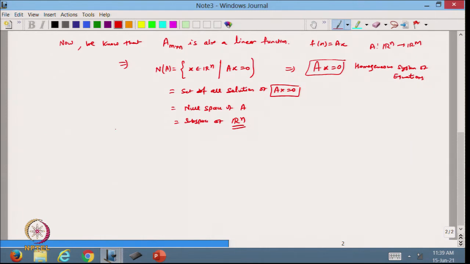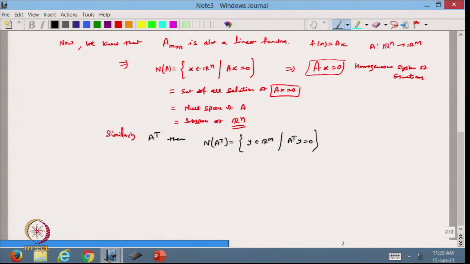Similarly, I just take A transpose, then the null space of A transpose is the set of all y belonging to Rm such that A transpose y is equal to 0.